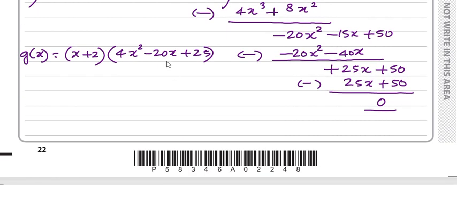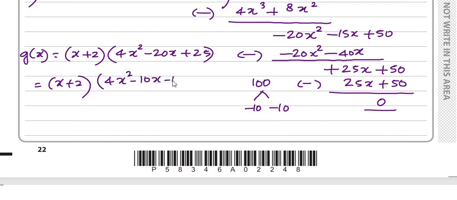Now we need to factorize this second part so that we can write this in factorized form. So x plus 2 bracket, 4 times 25 is 100. So there are two factors of 100 which will add to give you minus 20. So it should be minus 10 and minus 10, right? Therefore 4x squared minus 10x minus 10x plus 25.